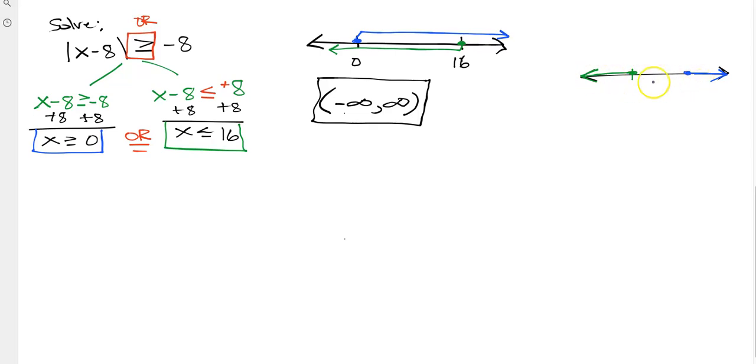Well, these guys don't overlap anywhere. So that would end up being a no solution if we had something like that. So if it was an and statement, it would be no solution. Okay, questions there?